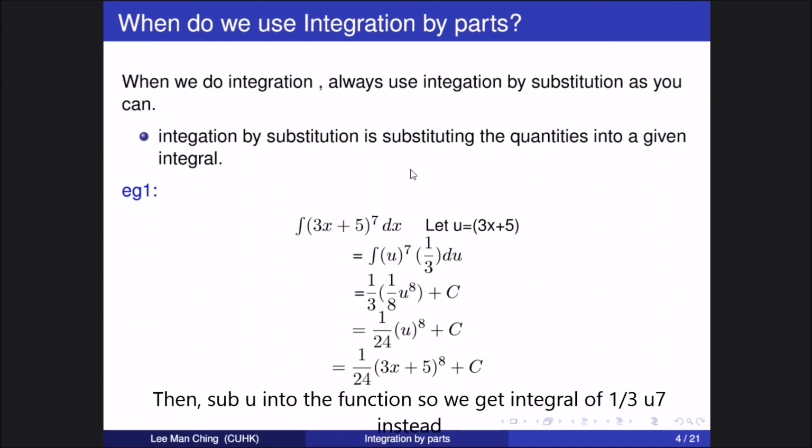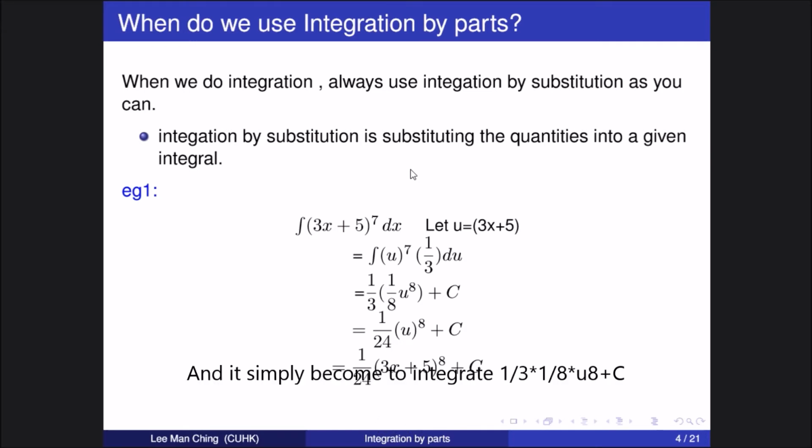Then, substitute u into the function, so we get the integral of 1/3 times u to the 7th power instead. And it will simply become the integral of 1/3 times 1/8 times u to the power 8 plus c.